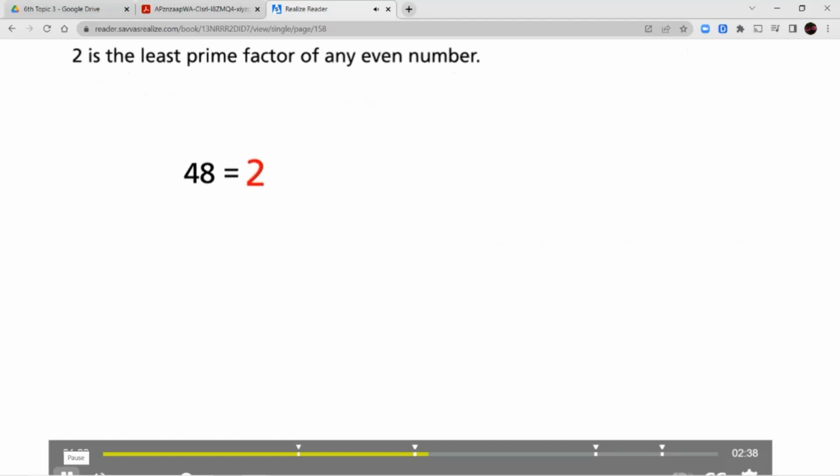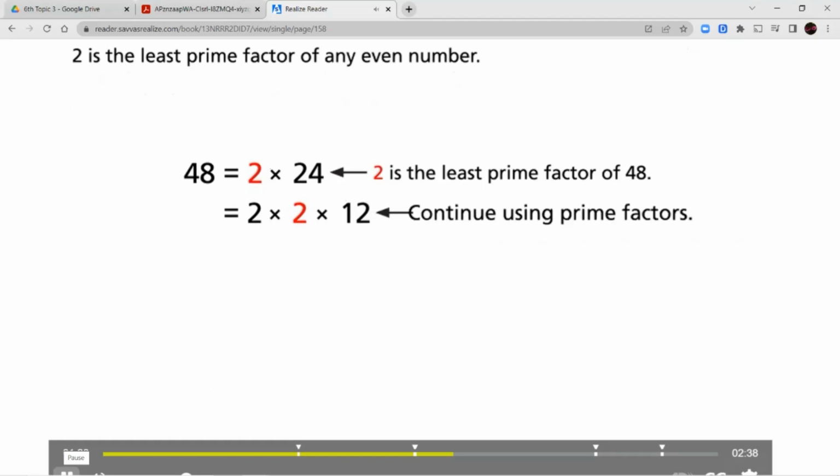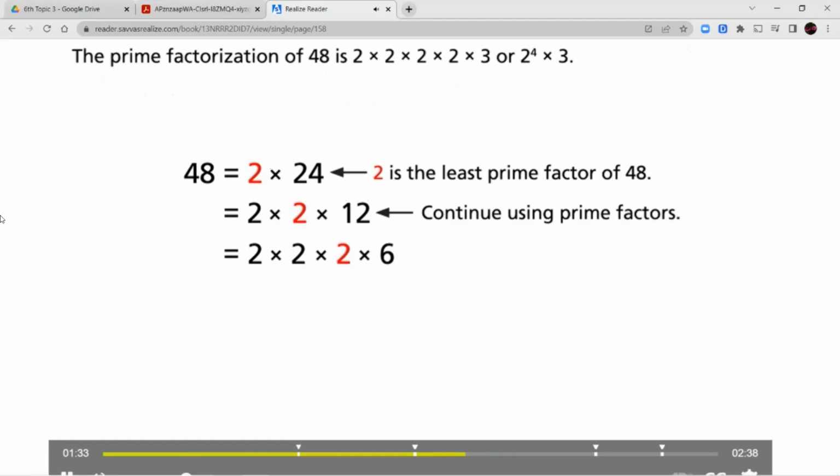Two is the least prime factor of any even number. The prime factorization of 48 is 2 times 2 times 2 times 2 times 3, or 2 to the 4th power times 3.